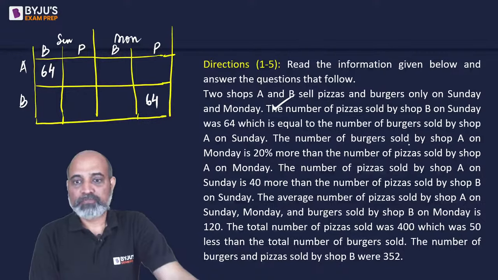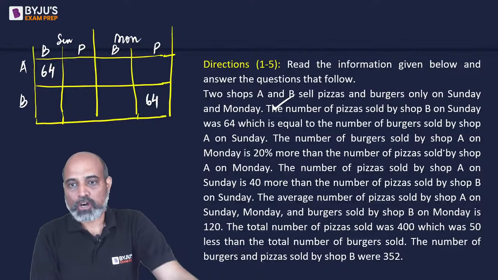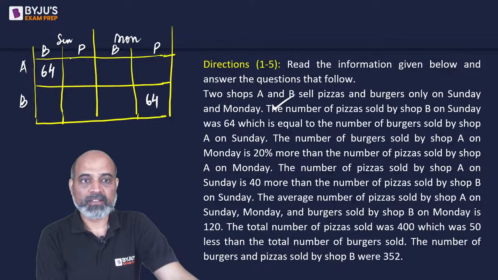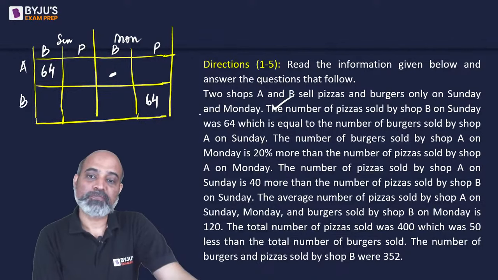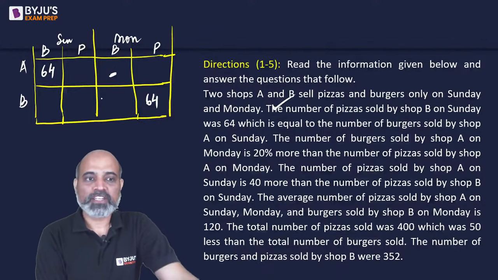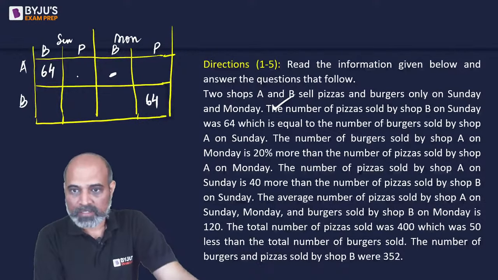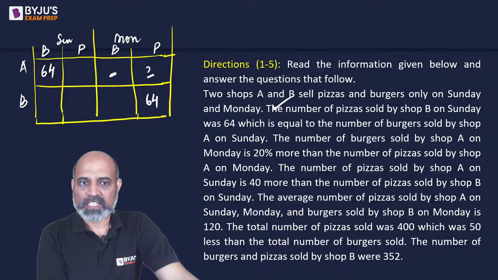Next, the number of burgers sold by shop A on Monday, so we are talking about this, is 20% more than the number of pizzas sold by shop A on Monday. So if this is X, this is 1.2x.